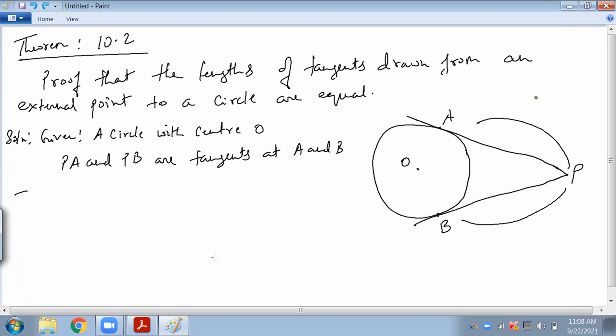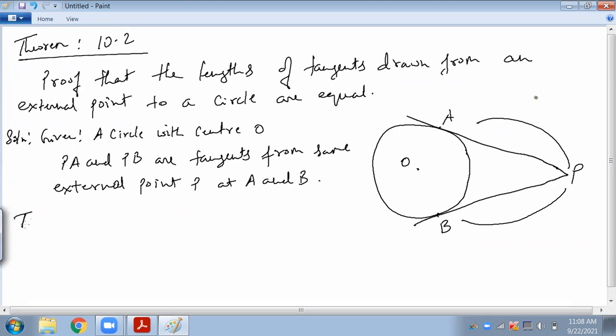PA and PB are tangents from the same external point P at A and B. And to prove what? PA equal to PB.